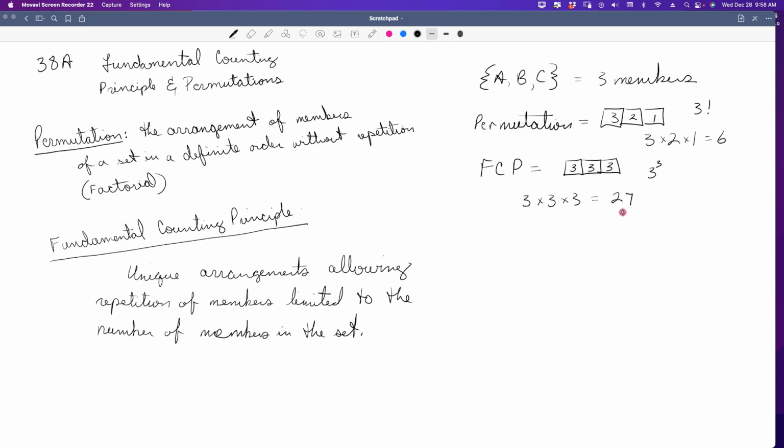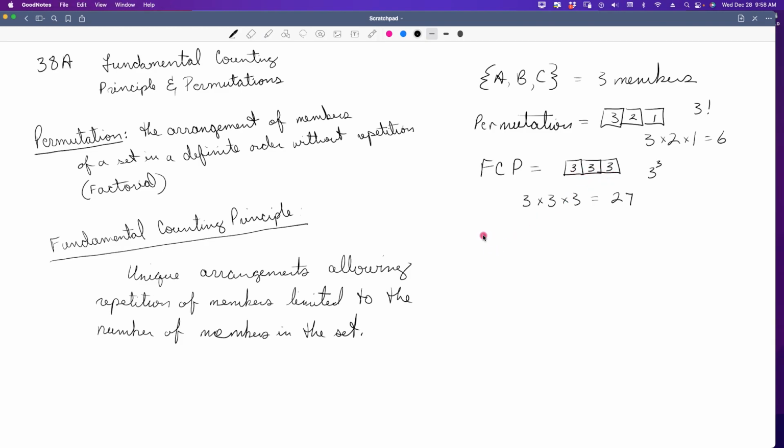The fundamental counting principle, on the other hand, allows you to repeat. So I could choose A for the first one, A for the second one, and A for the third one. The only limitation is that if we have 3 members in the set, we can only have 3 factors.